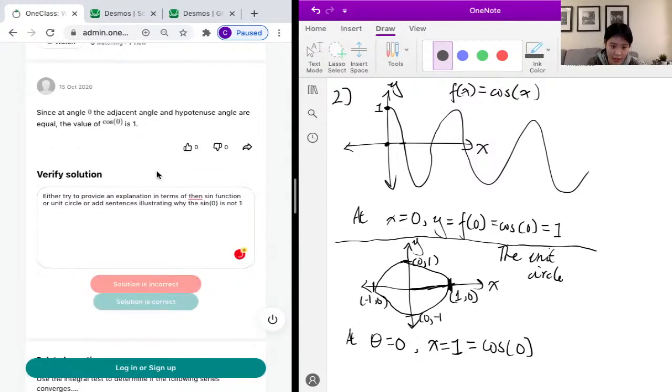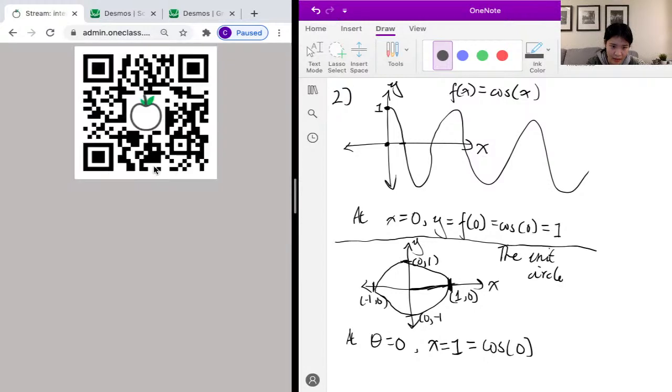Okay, so let's just say the solution is incorrect and move on to our next problem.